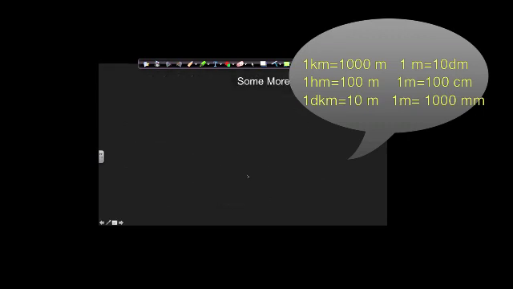A few more prefixes we're going to be using are micro and also nano. So a micrometer, or gram or whatever it is, 1 micrometer in this case is equal to 0.000001 meters.